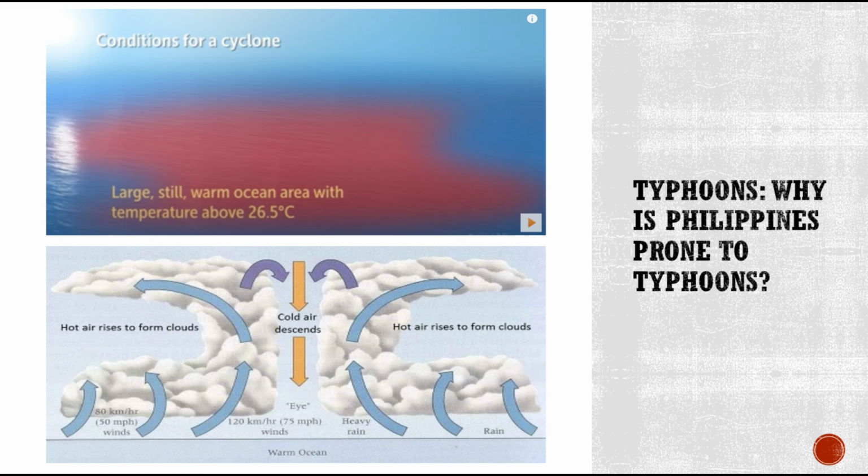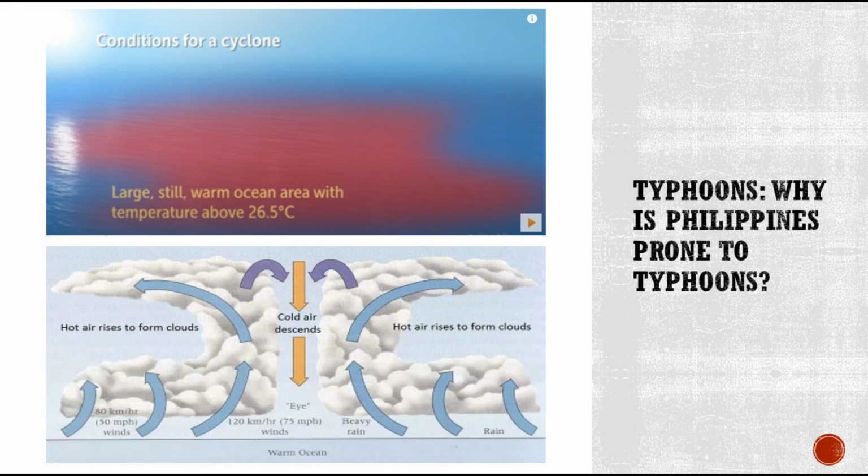A typhoon forms when winds blow into areas of the ocean where the water is warm, usually temperature above 26.5 degrees Celsius. These winds collect moisture and rise while colder air moves in below.